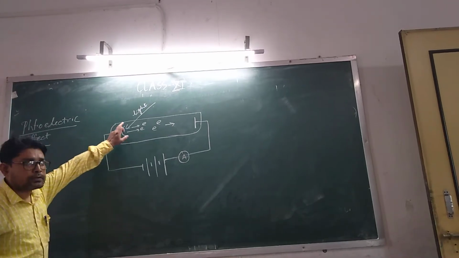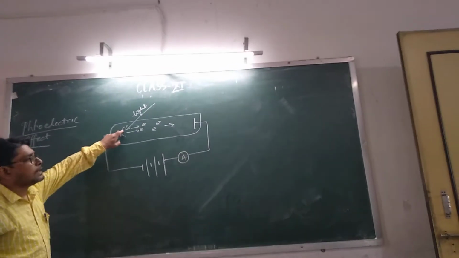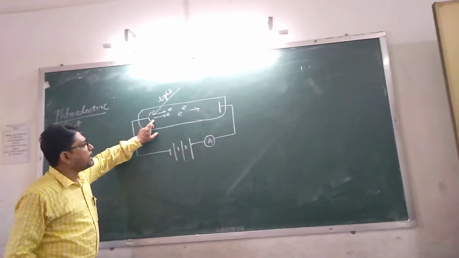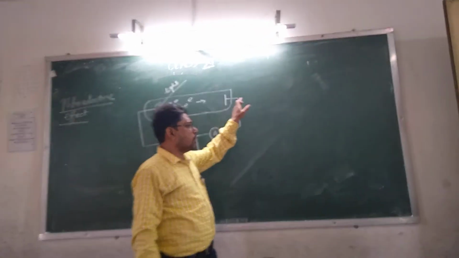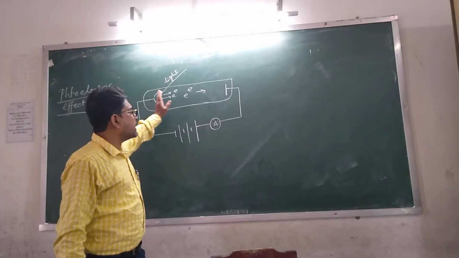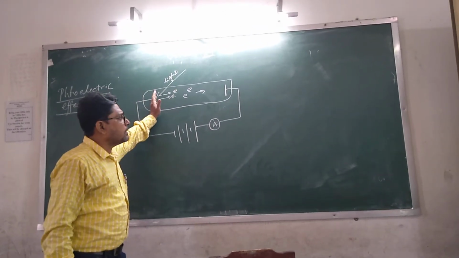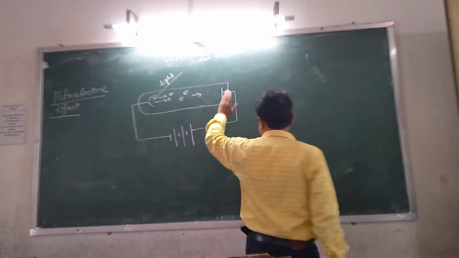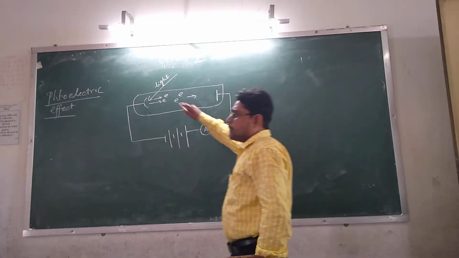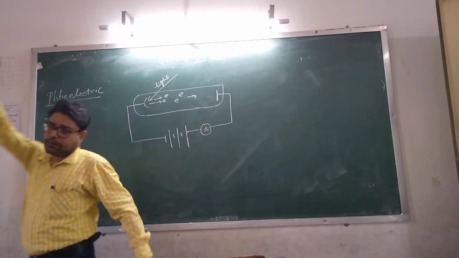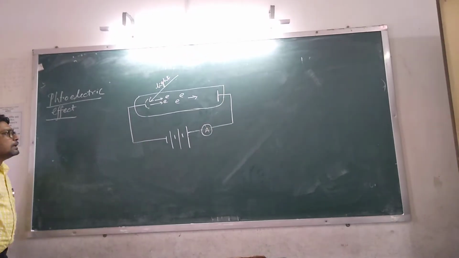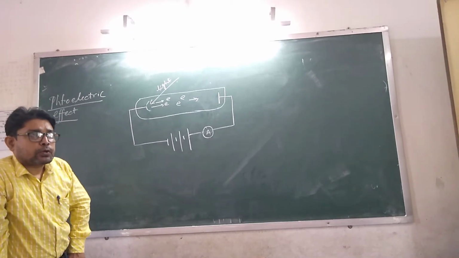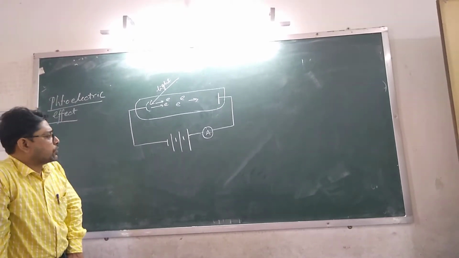When light falls on this negative terminal metal, immediately the electricity is going to pass, that is, electrons are ejected from this metal towards the positive terminal. This phenomenon is known as the photoelectric effect. Now, this effect cannot be explained by the theory of electromagnetic radiation.